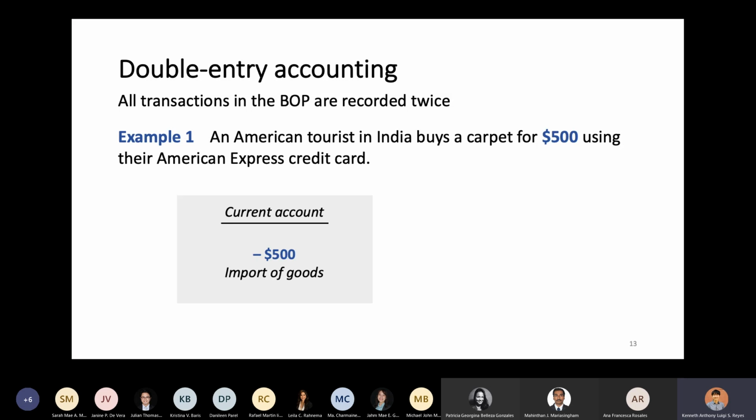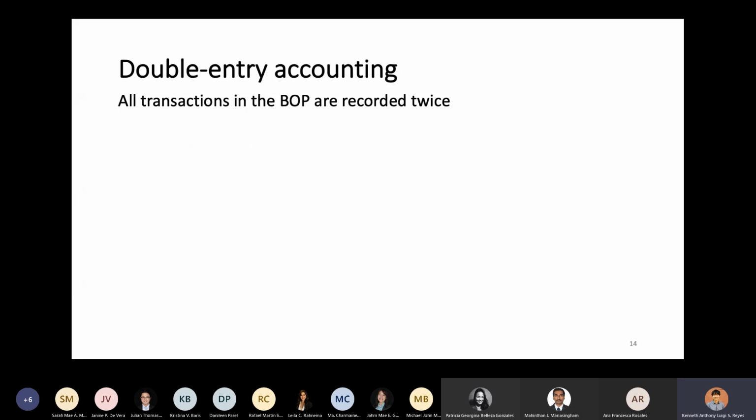The transactions in the BOP will first fall in the current account, because that's an import of goods. And the corresponding entry in the financial account would be an export of home assets, because now the Indian enterprise will have a claim on American assets.